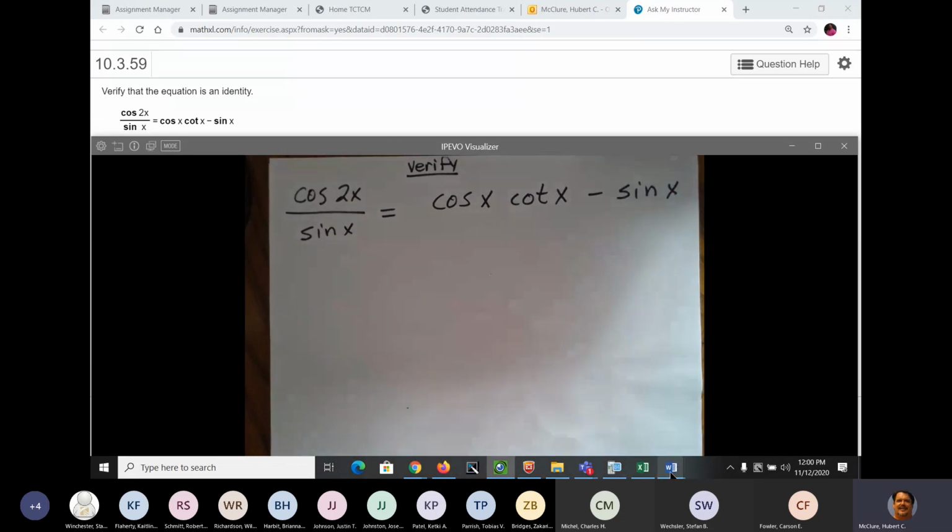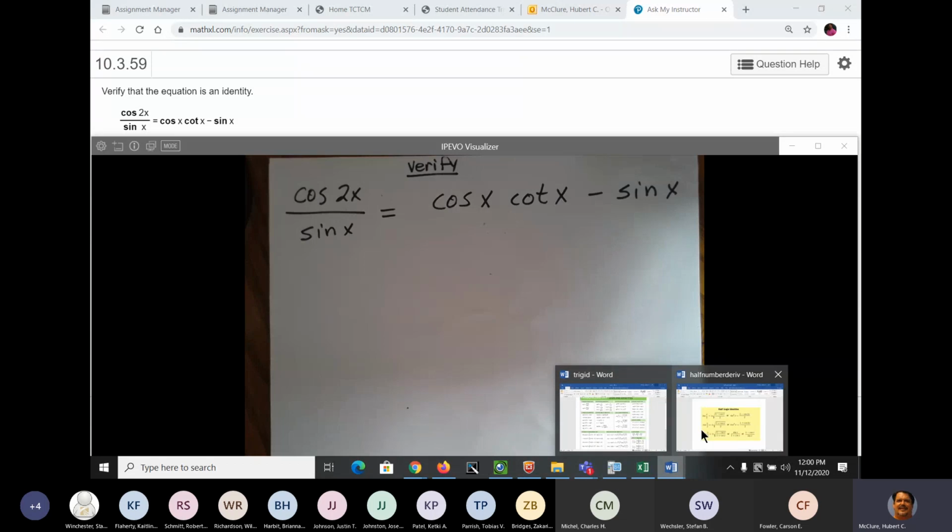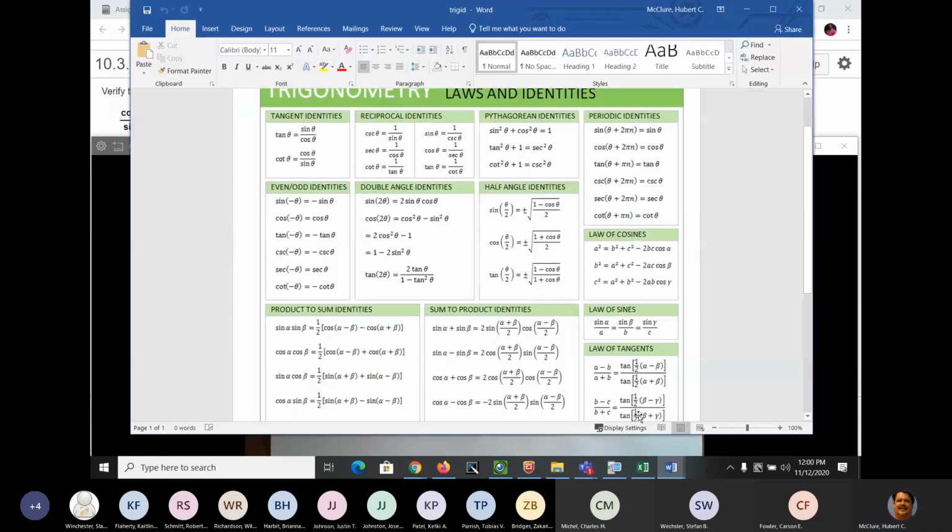The first thing I'm going to pull up is my quotient identities. Right here. The cotangent is equal to what? Cosine over the sine. And what's the cosine equal to? Well, it's equal to 1 over the secant.